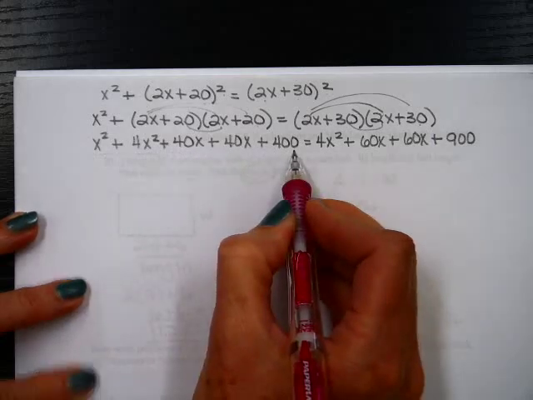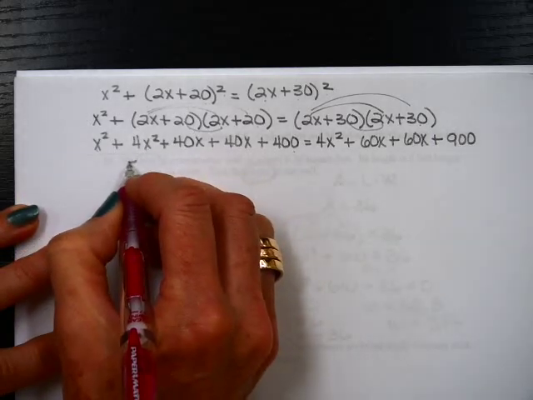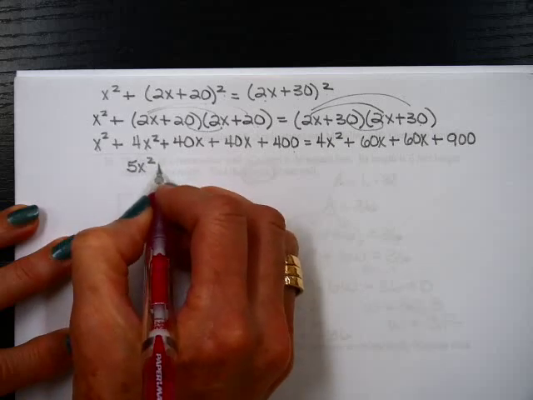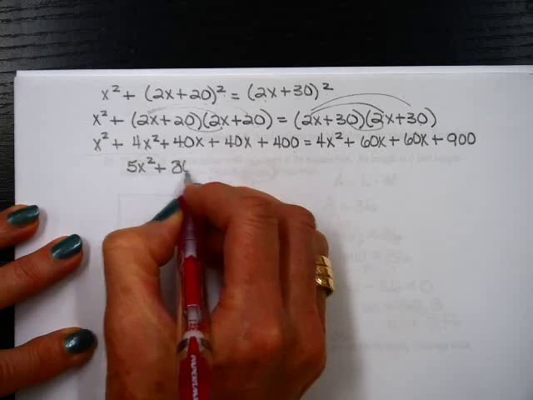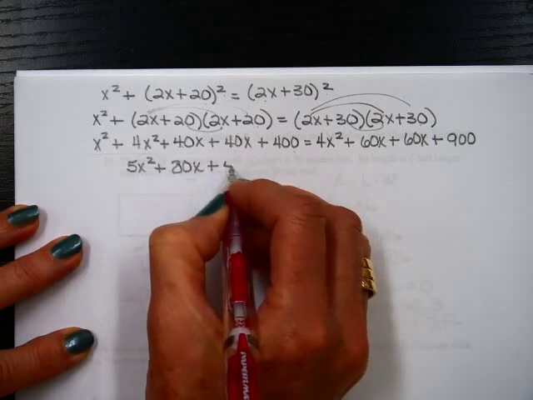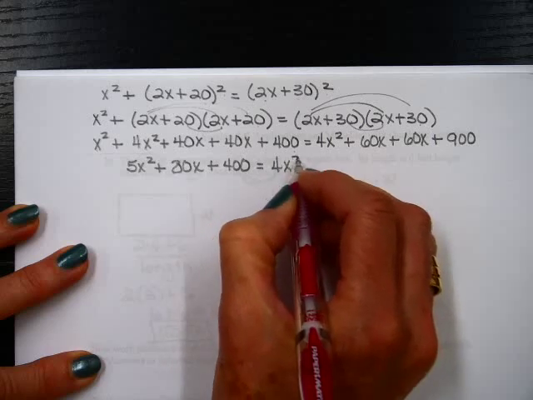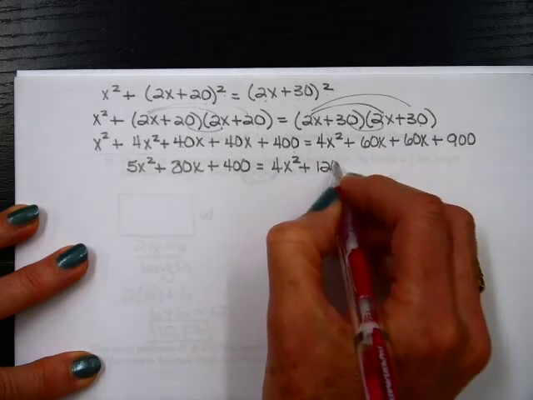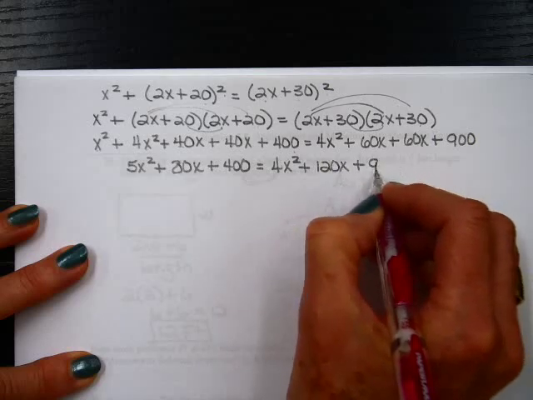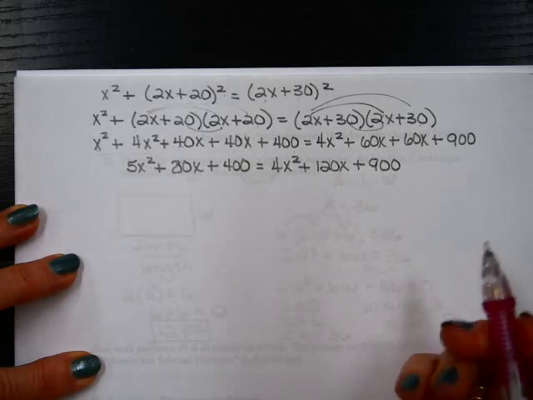So over here on this side of the equal sign, x squared and 4x squared, that's 5x squared, plus, add these two together, 40 and 40 is 80x, plus 400 is equal to 4x squared, plus 60 and 60 is 120x, plus 900.